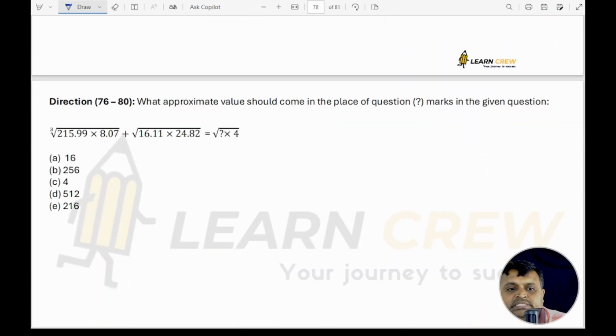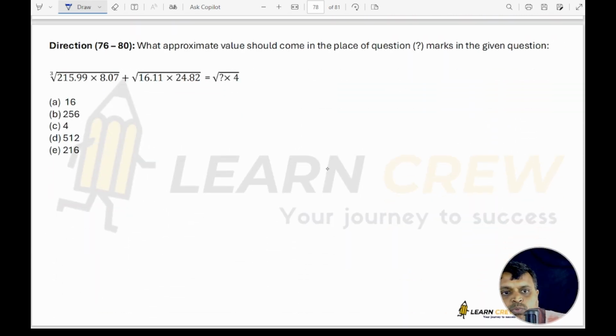Next, root over 216. The cube root of 216 is 6. The cube root of 8 is 2. Plus the square root of 16 is 4. The square root of 25 is 5.